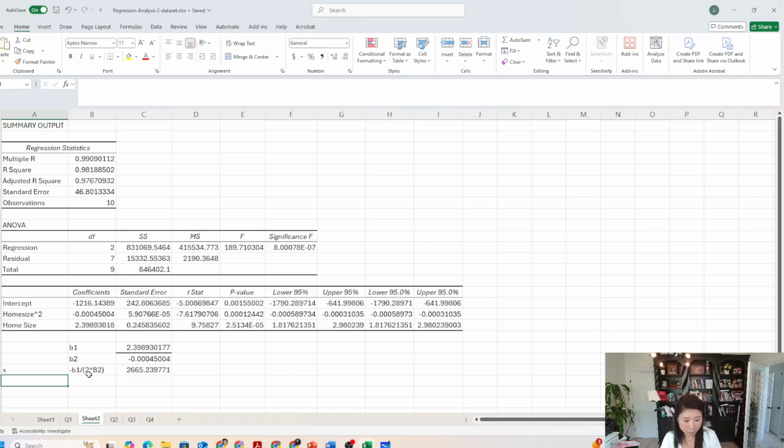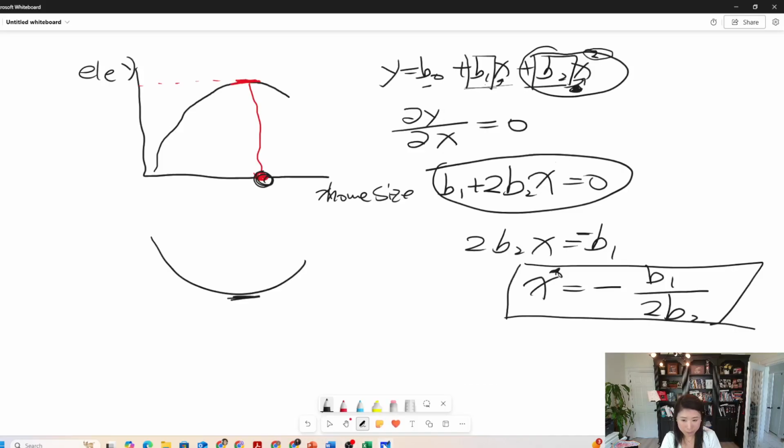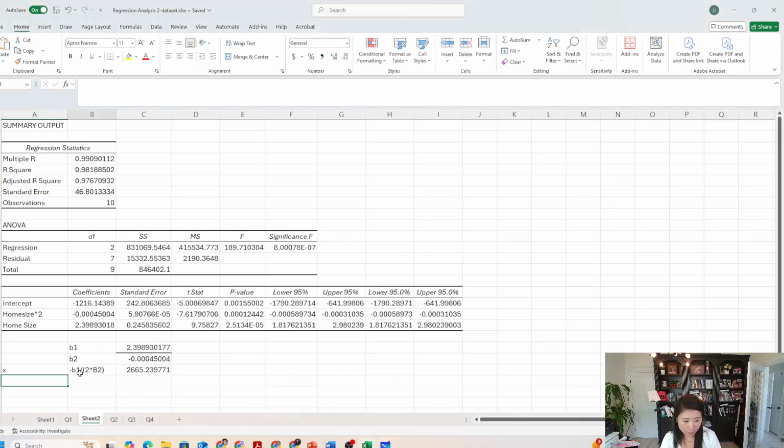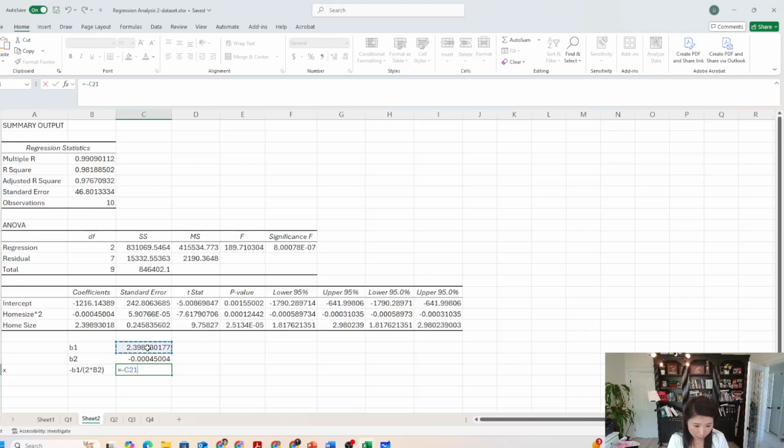So applying the formula I just showed you on the whiteboard, negative b1 divided by 2 times b2. So I write down this formula, negative b1 divided by parentheses 2 times b2.